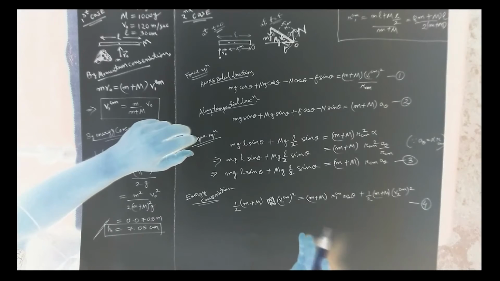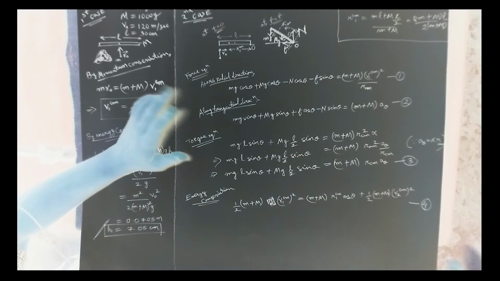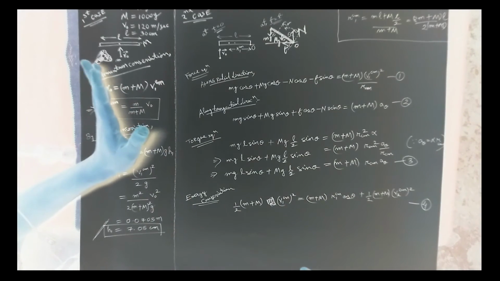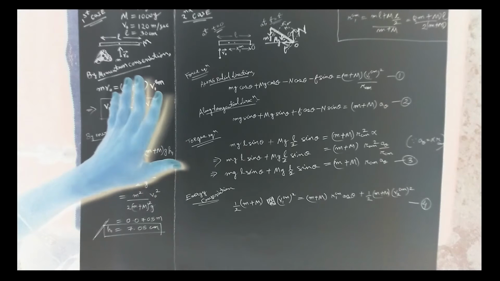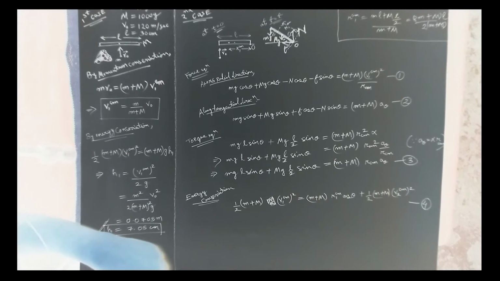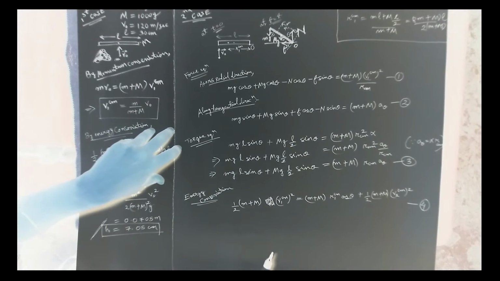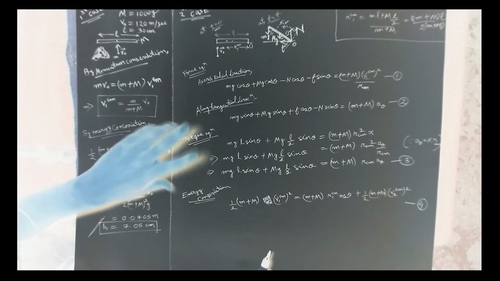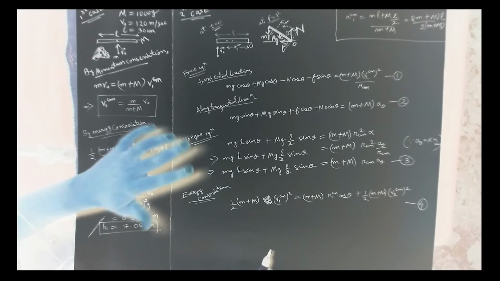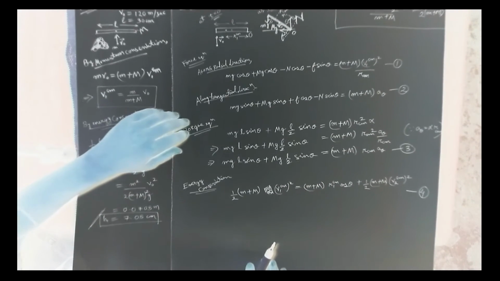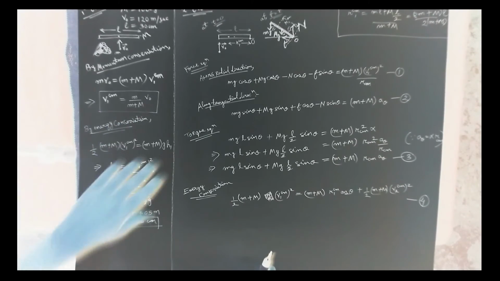So we have five variables. How many equations do we have? 1, 2, 3, 4. All the force and torque equations and energy conservation, I have written. So we have five variables, but only four equations.